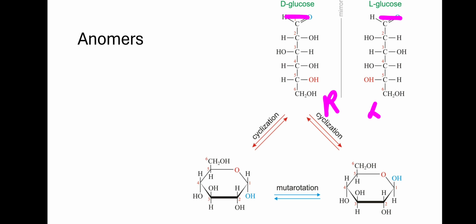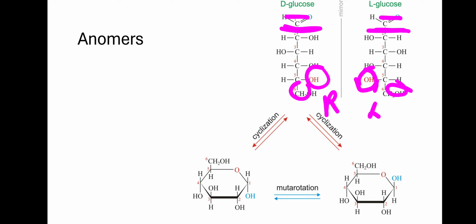Structure-wise, here we have this OH, this OH, this OH. Now, which OH are we going to follow to see that, okay, this OH is on the left side, this OH is on the right side? We are going to follow the OH that is furthest from the aldehyde group, but not the last one. That is the exception.